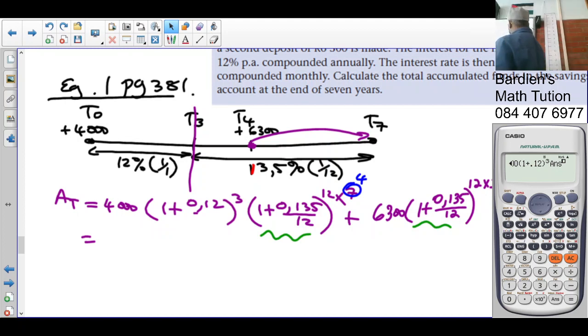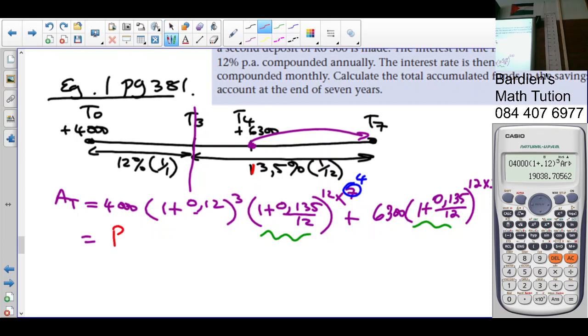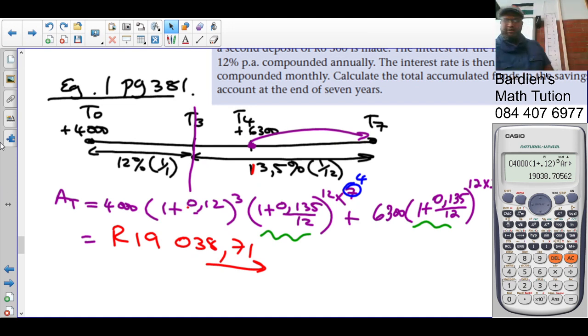So it's going to be 12 times 4, plus 6,300 into the answer to the exponent 12 times 3. Is that the same answer we got earlier on? 19,038 Rand and 71 cents. Okay, you guys understand?